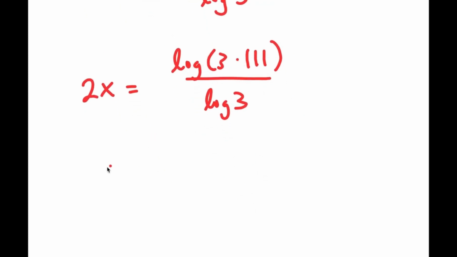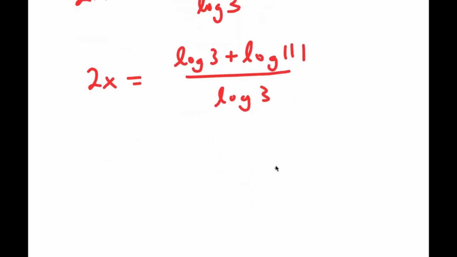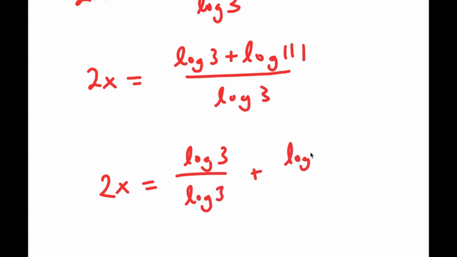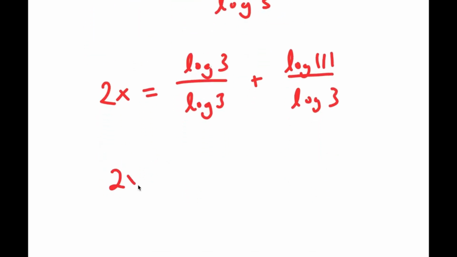And if I have something in this form, this is the same thing as log 3 plus log 111. Now this is the same thing as log 3 over log 3 plus log 111 over log 3, which is equal to 1 plus log 111 over log 3.